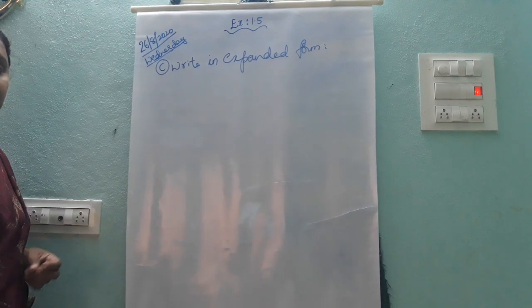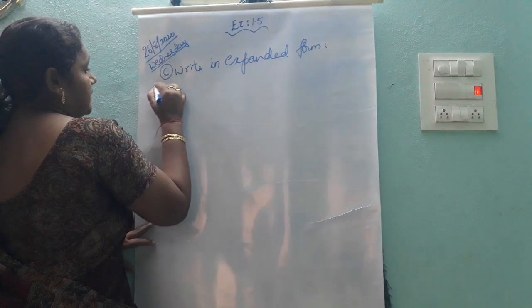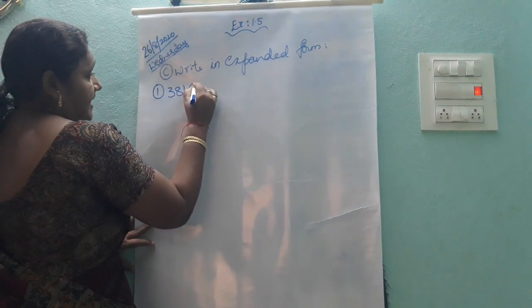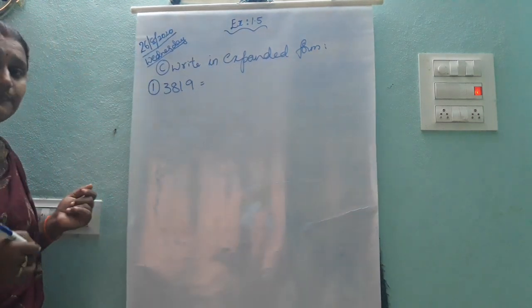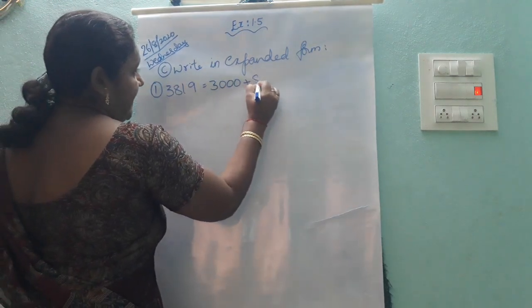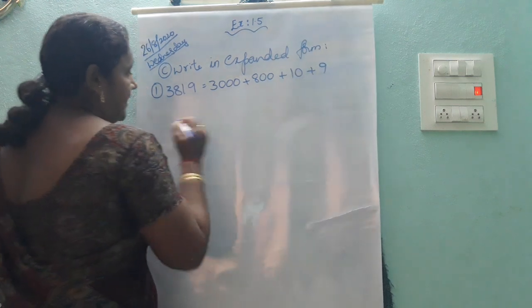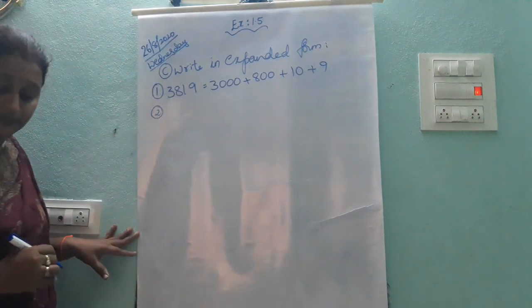How will you write the number in expanded form? See that, children? 3819. They ask us to write this number in expanded notation. How will you write? 3000 plus 800 plus 10 plus 9. See the second one, children?